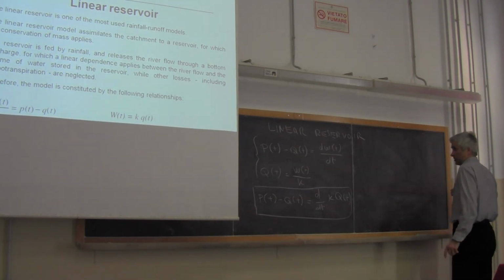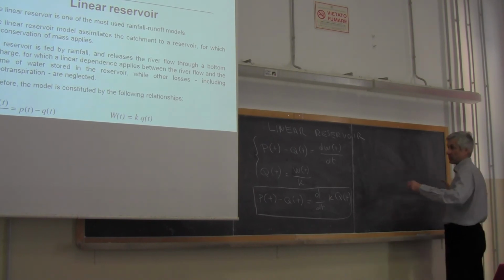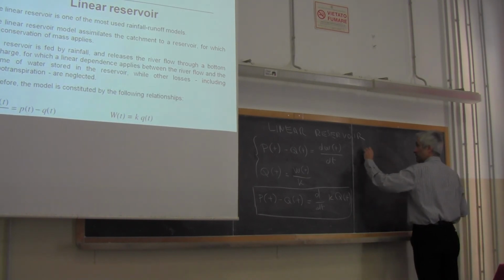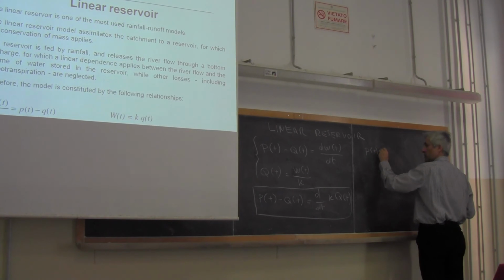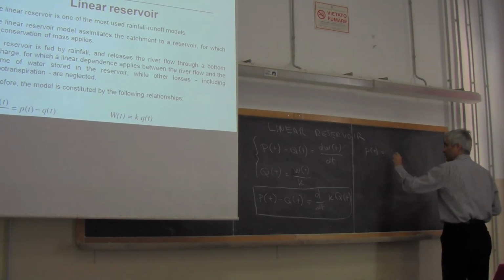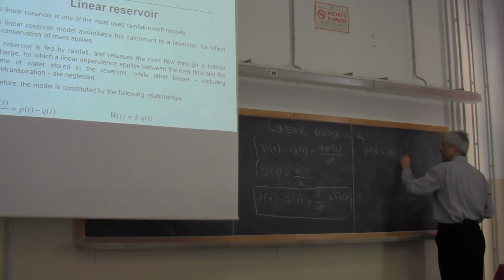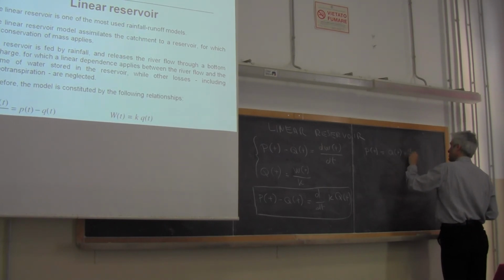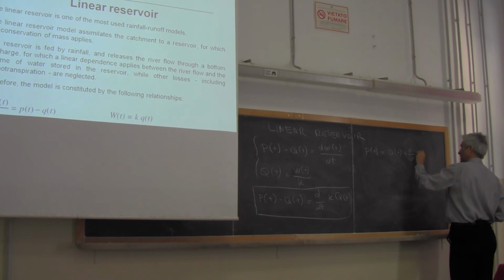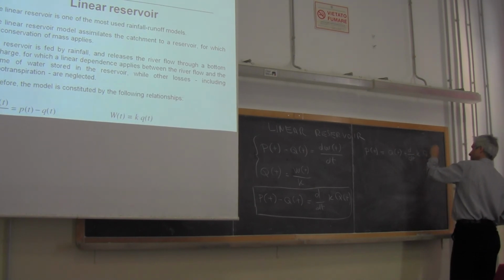Okay, good. So, first let me separate the variables and let me write P(t) is equal to Q(t) plus the derivative with respect to time of K Q(t).